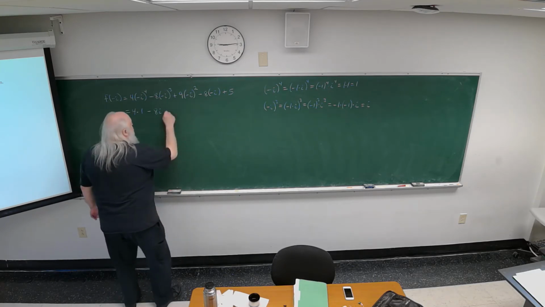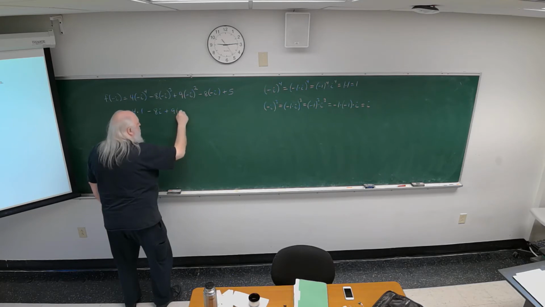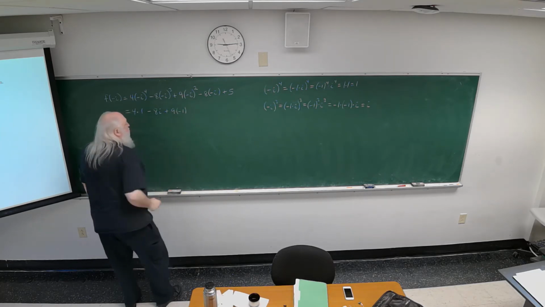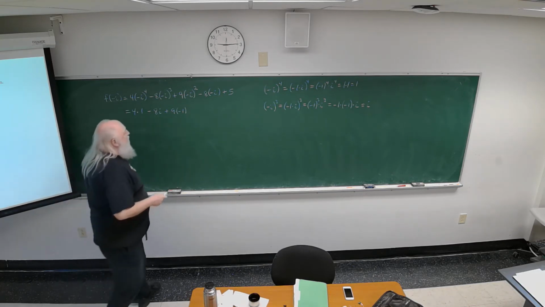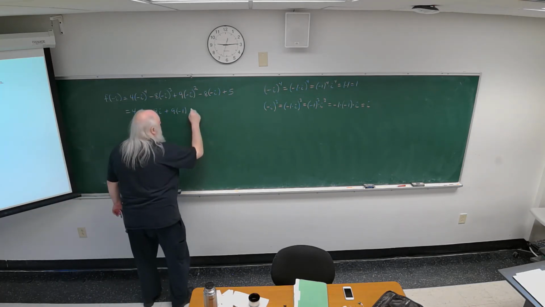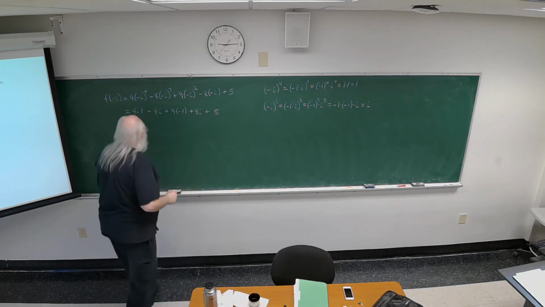The third term, right, this is minus 1 times i, minus 1 squared is 1, and i squared is minus 1. So the third term is equal to 9 times minus 1. And then minus 8 times minus i is 8i, and then we have plus 5.